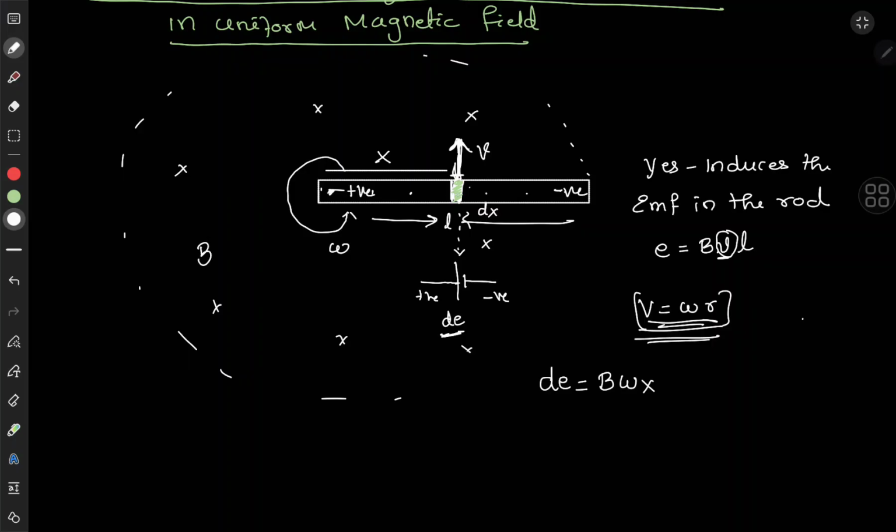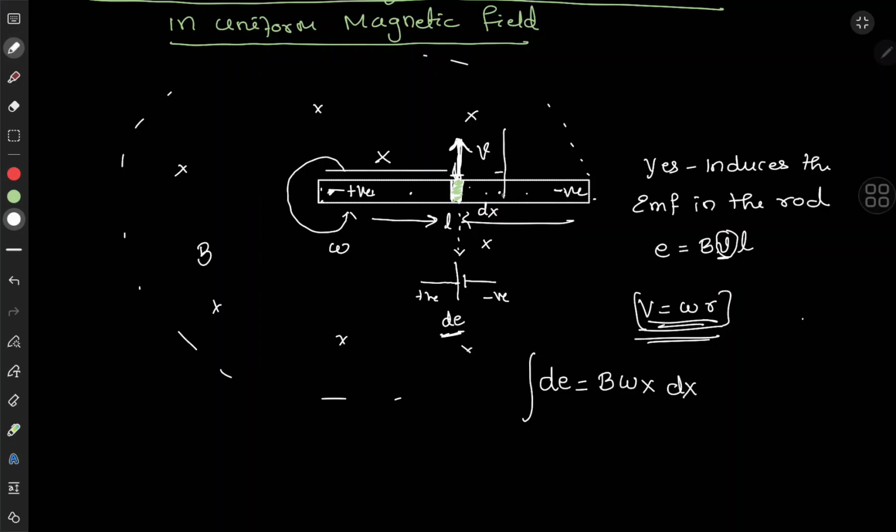What is going to be the length element where we are finding the induced EMF in a small length? That means we have to take dx. Now we have to integrate this, because each point has a different velocity.